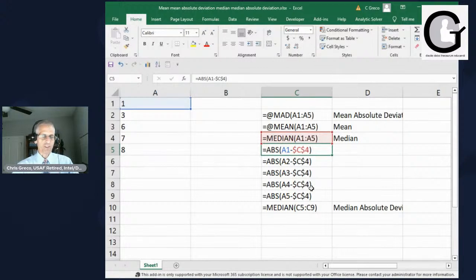It'll always be C4. If you don't, it's called a relative reference, which means this will be C4, this will be C5, C6, and it won't work out well. So these are the formulas to be able to do the median absolute deviation. And then at the end, you take the median of these here, and that gives you the median absolute deviation.